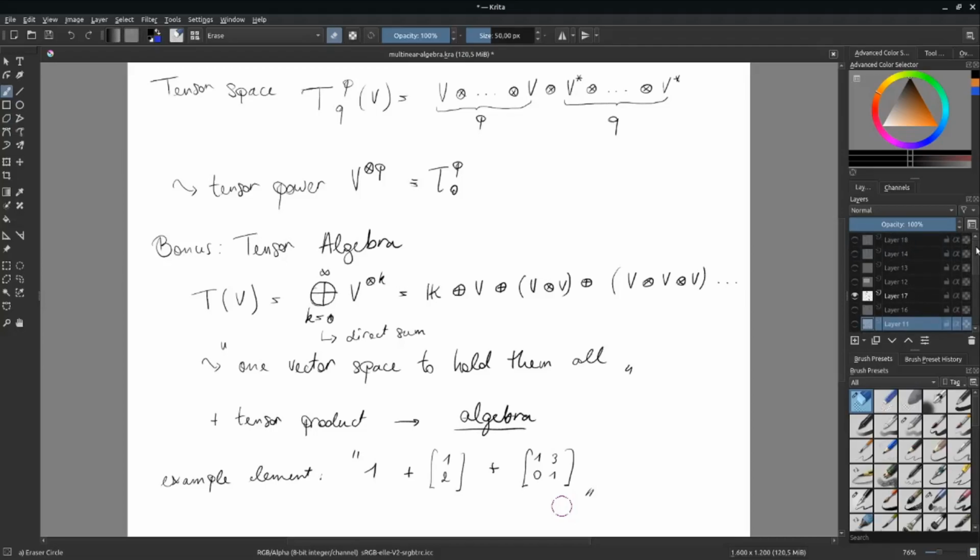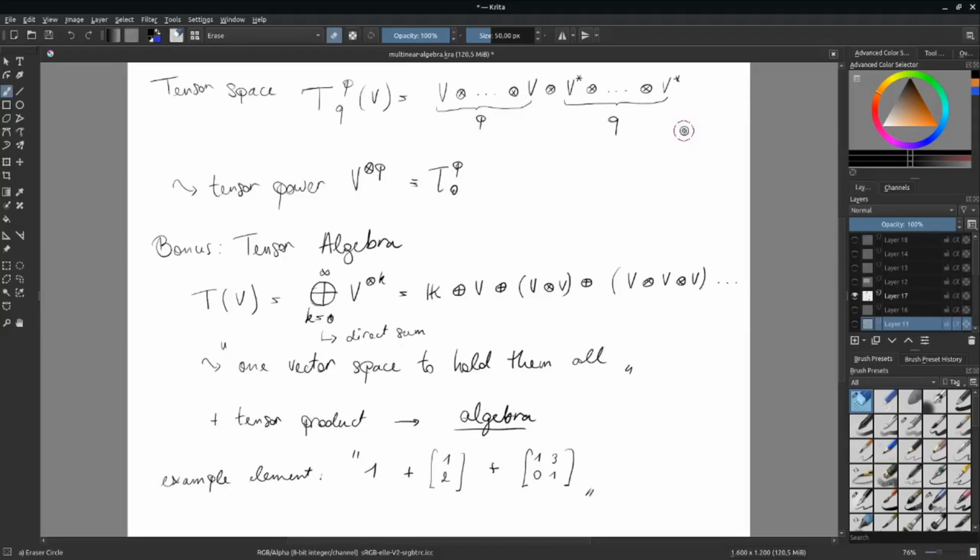Okay, so a few things before an example as some bonus. Just like I can take these spaces or tensor products, I can say, okay, let's take my PQ tensor space by simply taking the tensor product of P copies of V and Q copies of V star.